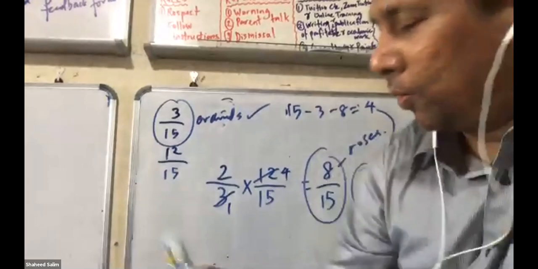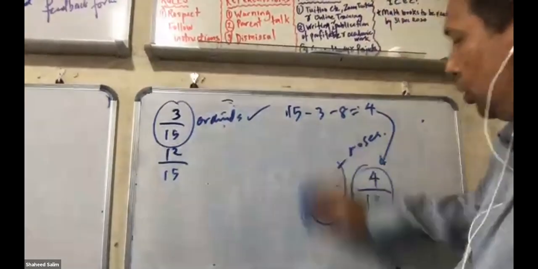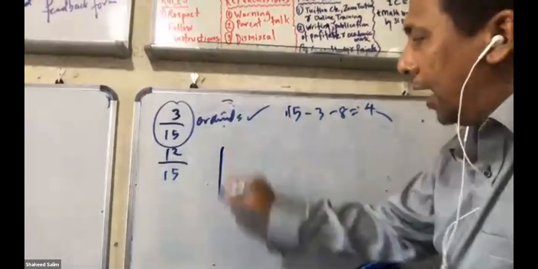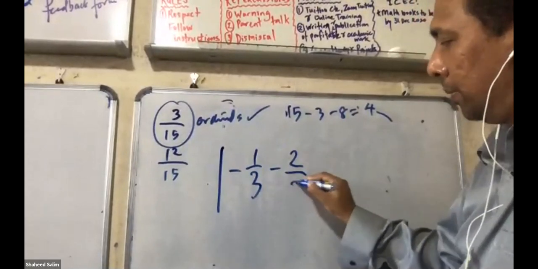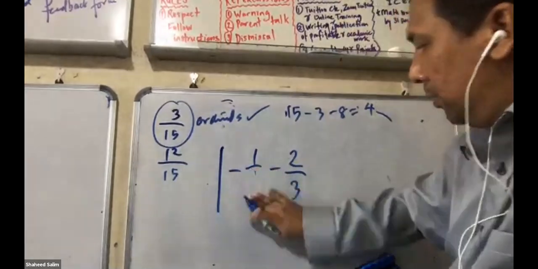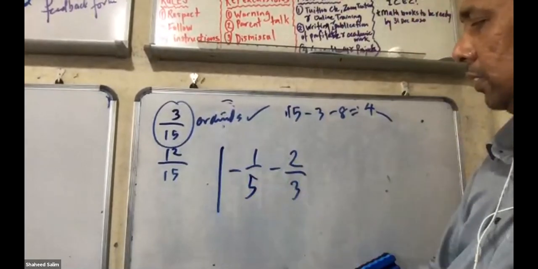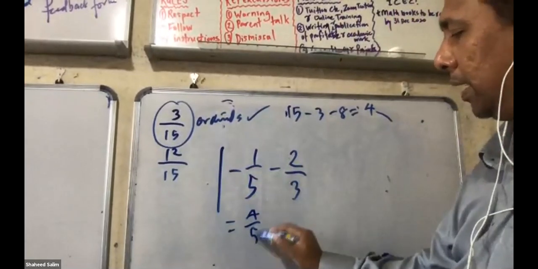Okay, so where you got wrong, I show you your method. This is what you did. 1 whole minus 1/3 minus 2/3. Am I correct? Minus 1/5. Then after that, you get 4/5 minus 2/3.